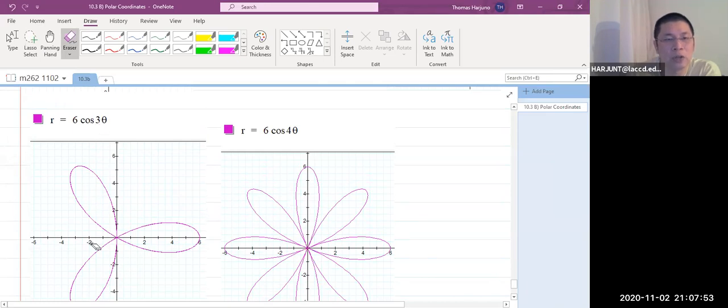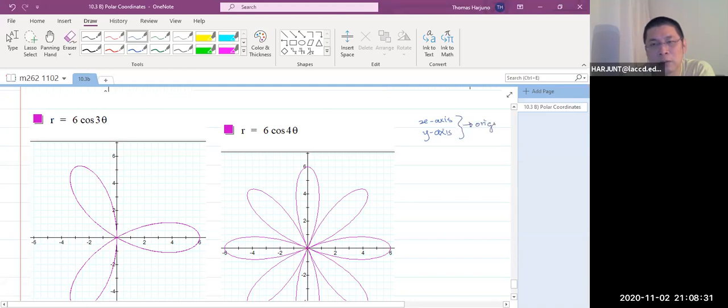When it is odd, the number of leaves is the same, and it only has x-axis symmetry. But when the cosine has an even coefficient, then the number of leaves is double the coefficient, and it has x and y-axis symmetry. If you remember from pre-calculus, if an equation has x-axis symmetry and y-axis symmetry, then it must have origin symmetry.